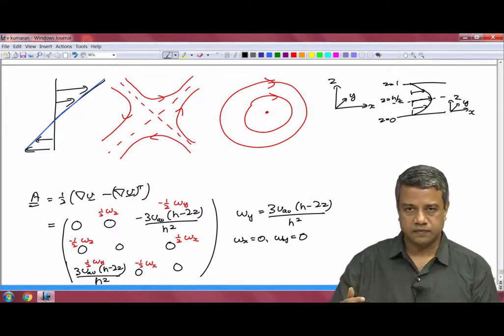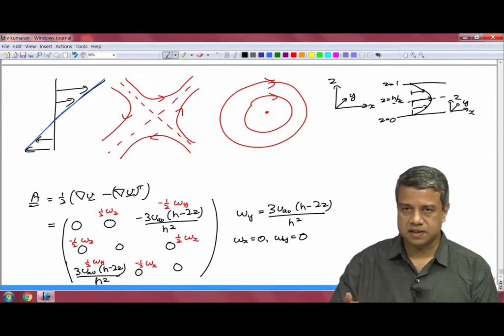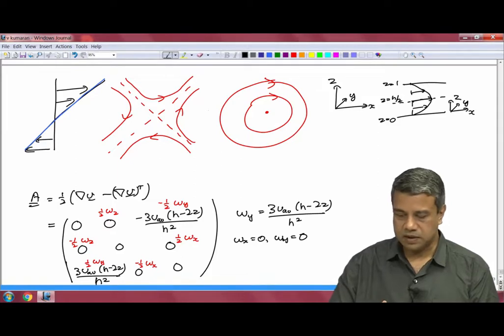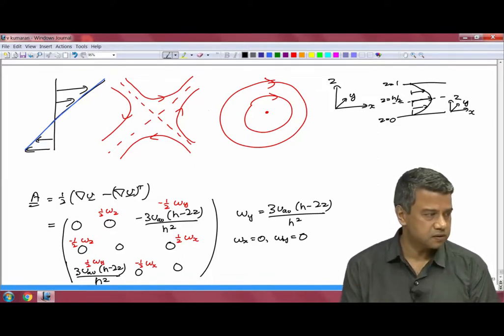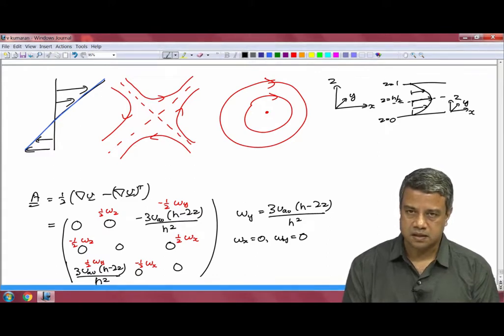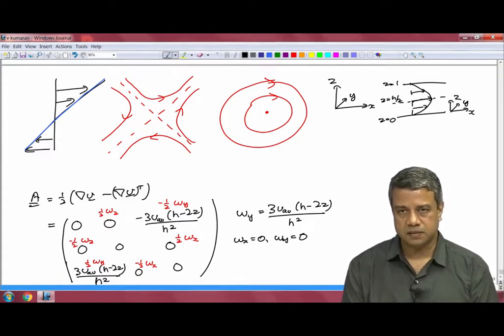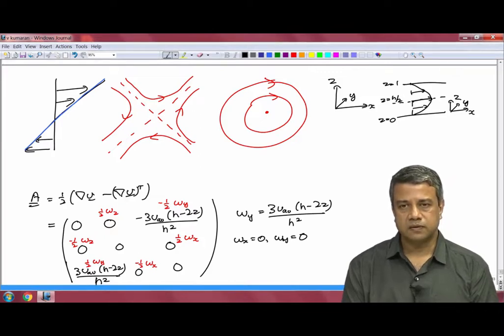On the top half, z is greater than h by 2. Therefore, the direction of omega y reverses and the direction of extension and compression also reverses. So, any flow can be expanded in these terms, in terms of the symmetric traceless part, antisymmetric part, isotropic part. For incompressible flow, the isotropic part is 0.